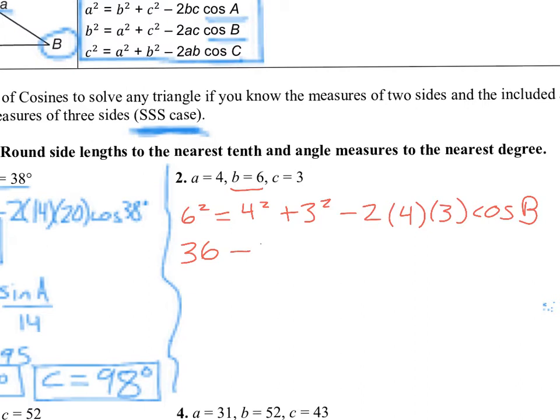I'm going to move the 4 squared to the other side. Same thing with the 3 squared. Then I'm going to divide by the negative 2 times 4 times 3, which is negative 24. And so all this equals cosine B. So again, I simplified all the squares, and I moved everything to the left except for the cosine B.